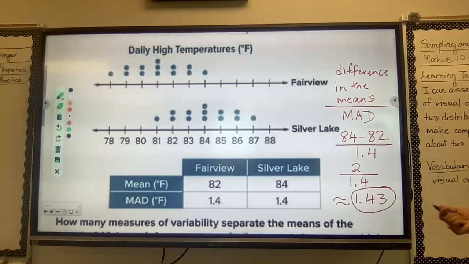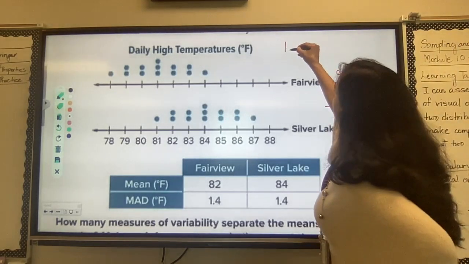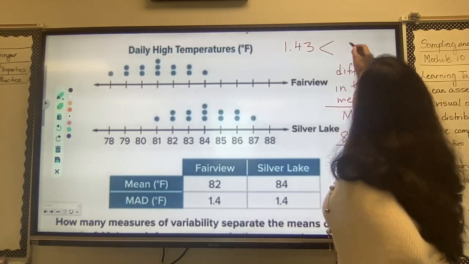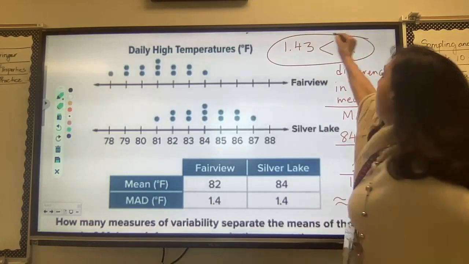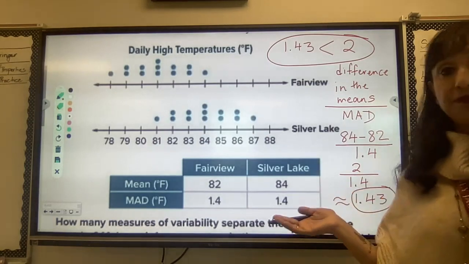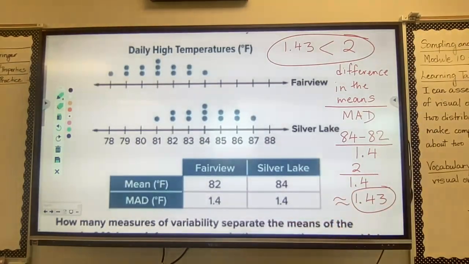So let's look at this one. The ratio here is 1 and 43 hundredths, which is definitely less than 2. Because of that, it is likely that the average high temperature in July is the same for each city.